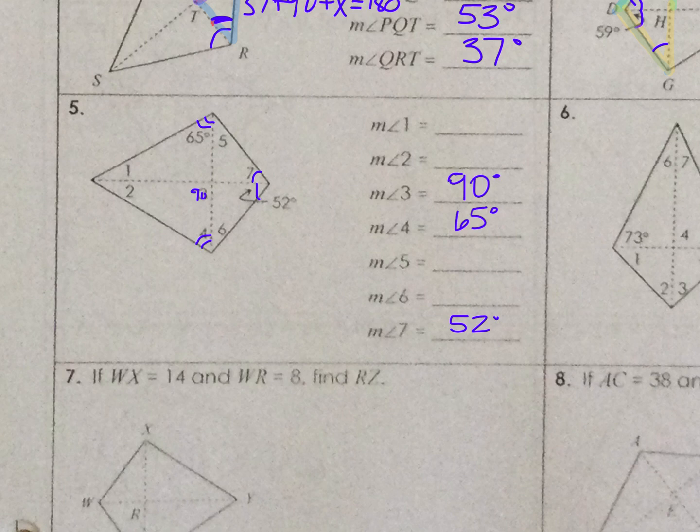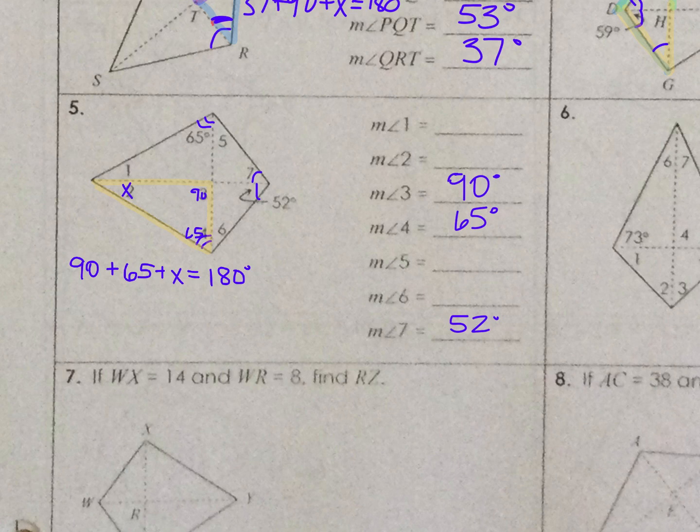So we need to figure out angle 2. So I'm going to pull out a triangle. I'm going to pull out this triangle right here. And we know that the one corner is 90. This one down here is 65, and we don't know 2. So if I say 90 plus 65 plus x, I know a triangle is 180 degrees.